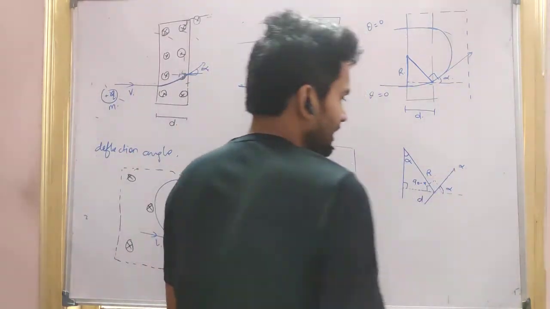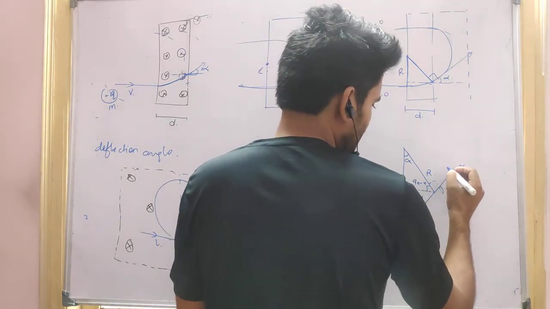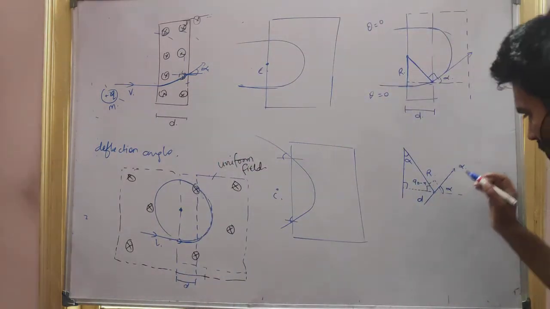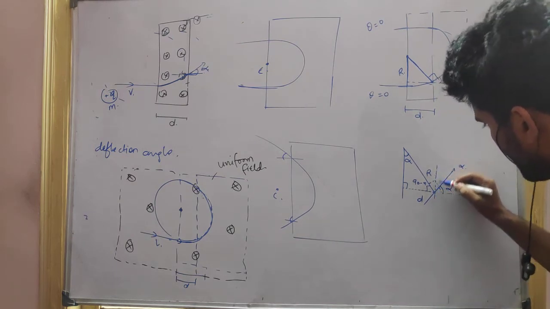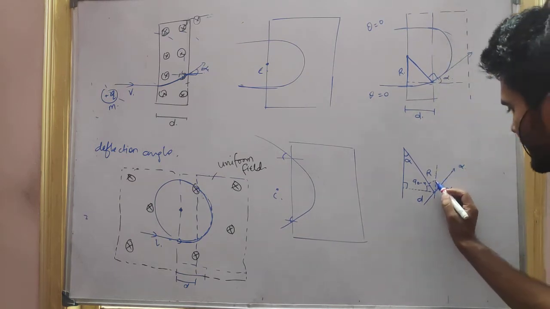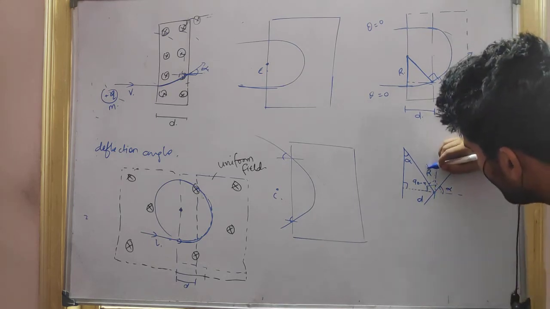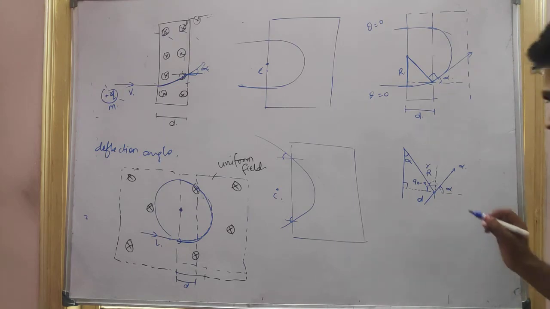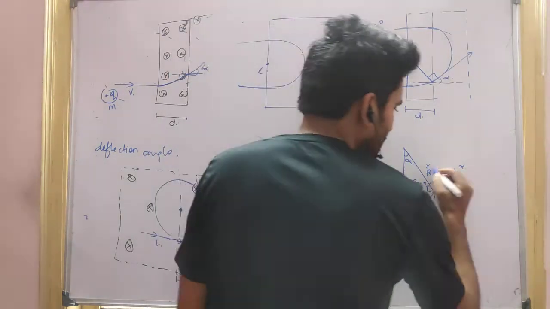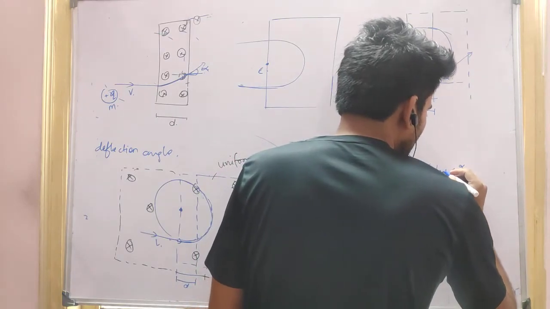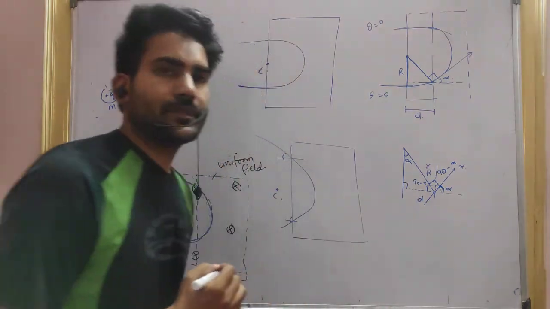So this angle is 90 degrees, this one will be 90 degrees, right? So this angle will be alpha. This angle is also 90 degrees, so this angle will be 90 minus alpha. So this will become alpha.